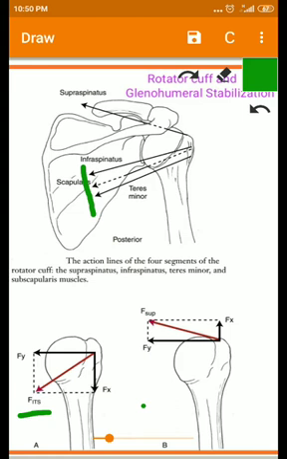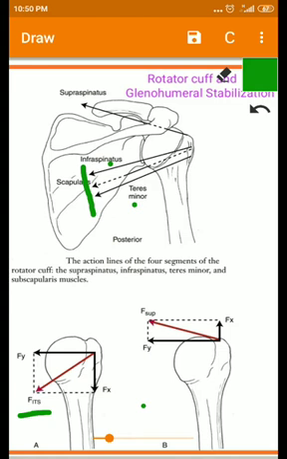The subscapularis, which is present on the anterior aspect, will control against translating anteriorly, and the muscles present on the posterior aspect, that is the infraspinatus and teres minor, will help against translating posteriorly. That means it is maintaining the center of the head of the humerus in contact, so as not to slide anteriorly and posteriorly.